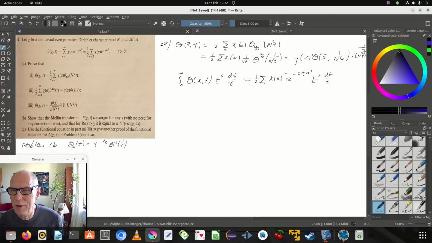And yeah, we can just put the integral sign here. And now what was that? That's the one we've had so often. Let's see if I can remember it.